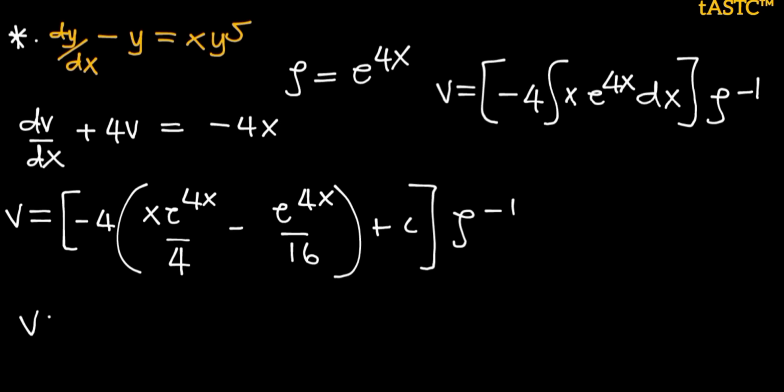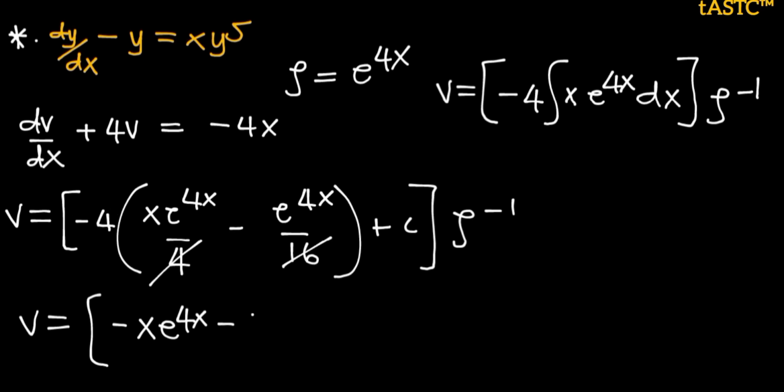So finally, v will be equal to negative 4 multiplied by this stuff. That is going to cancel these out. So we would actually have these cancelled, and we would have a negative. So that is a minus x e to the 4x. And here we have a negative 4 multiplied by negative this. So that is going to cancel this and create a 4 there.